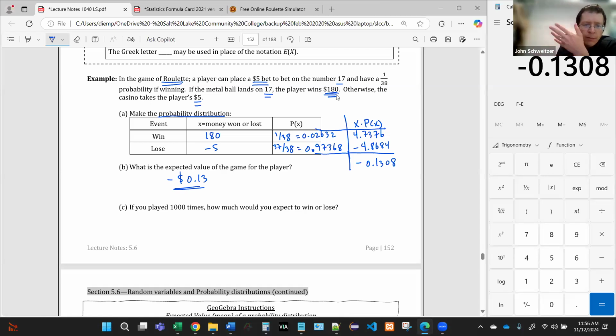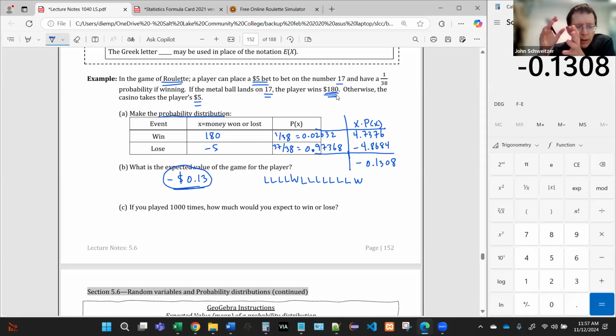So in other words, if you bring a stack of money to the casino and you start playing roulette, what's going to happen? Usually you're going to lose, lose, lose. But every now and then you're going to win, right? And then you'll lose, lose, lose, lose, lose again. Eventually you win again. And if you keep playing, then at the end of the session, you add up all of your losses and your winnings, you divide by the total number of games you played, it's going to average out to be about 13 cents. Okay.